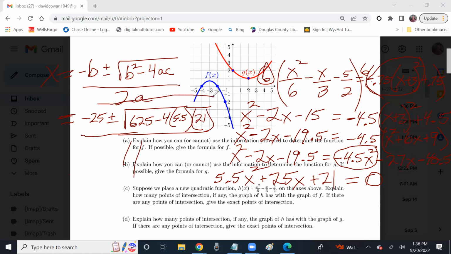So whatever that comes out to be, and it does look like it will be 2 answers. Okay, so it'd be 2 intersections.